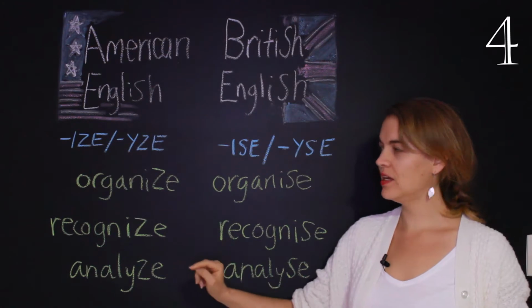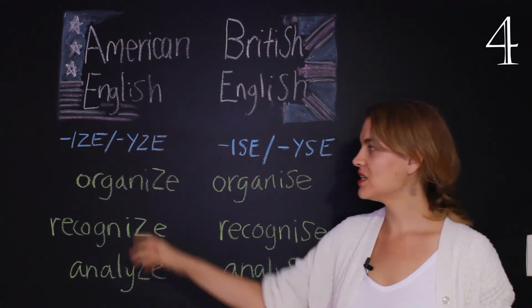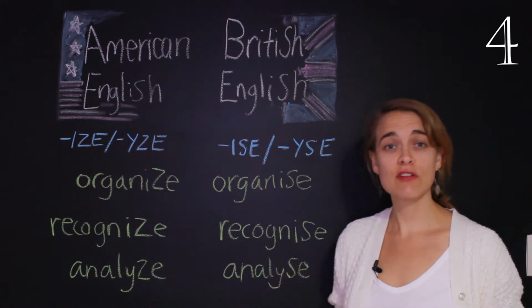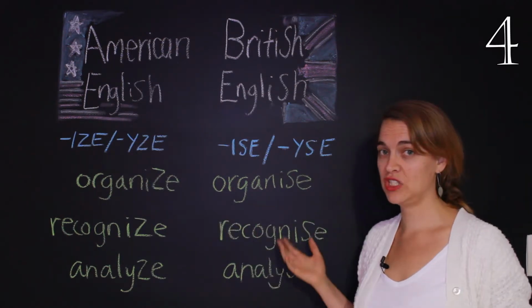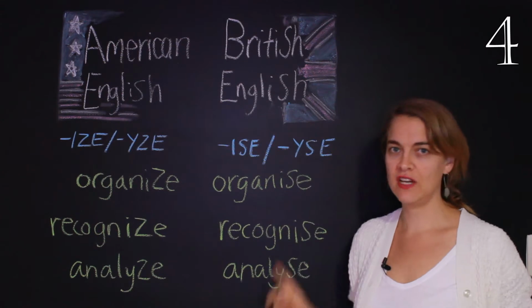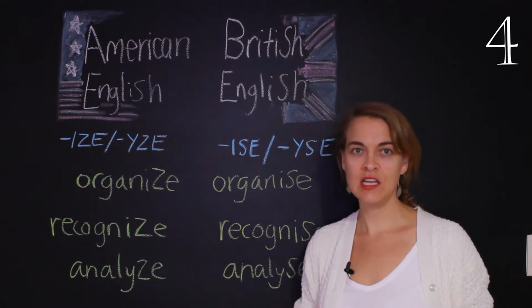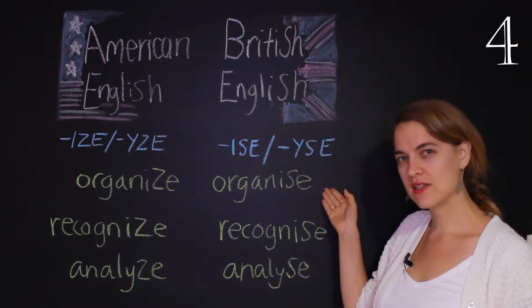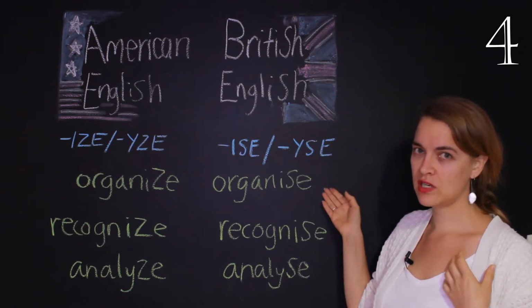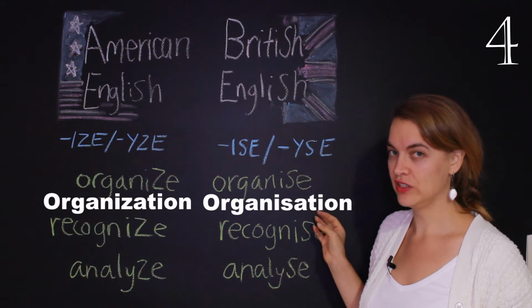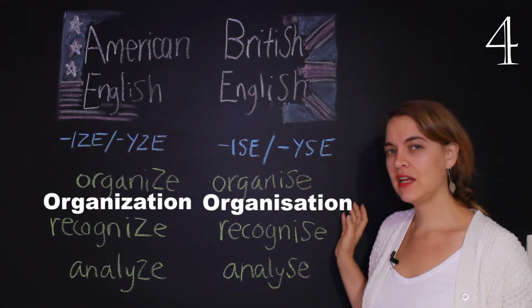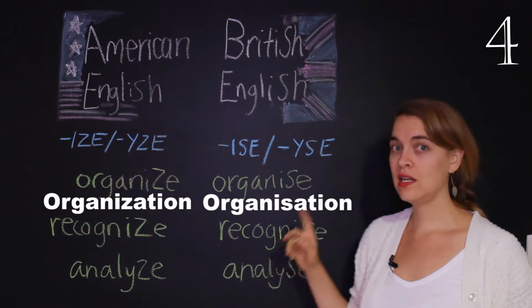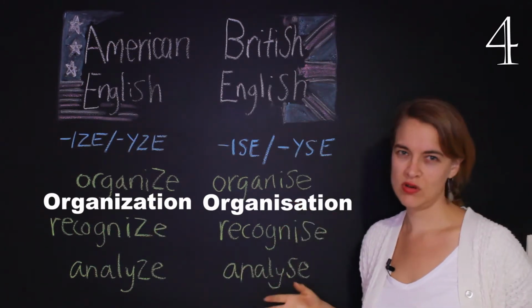But in American English, they always use the letter Z. Sometimes you can find the letter Z in British English, but you never find the letter S in the American English spelling. Also, here we have the word organize. But of course, we can also make the word organization using this word. And then it's the same rule in American English with a Z and in British English S or Z.